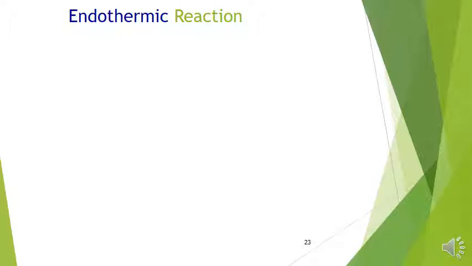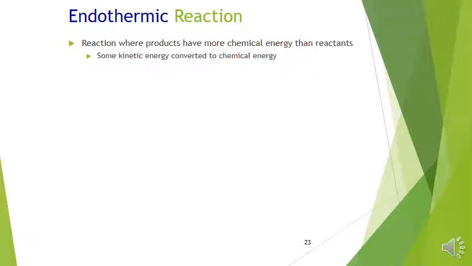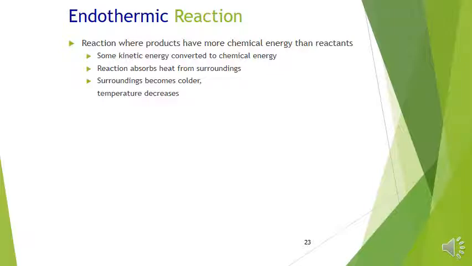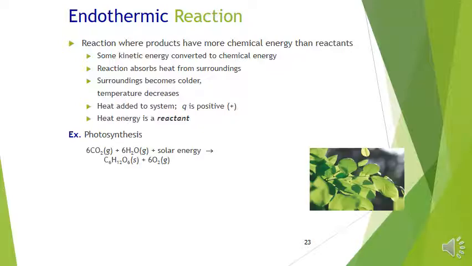Okay, endothermic reactions, which is the opposite. These reactions absorb heat, we said. The energy has to go into the chemical reactions. The surroundings lose heat, or things get cooler, and the temperature decreases. All right. So in this case, the heat energy goes into the reactant side.